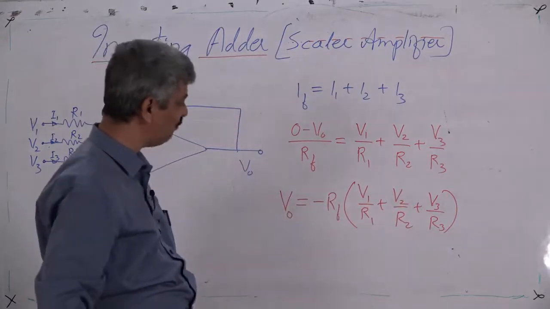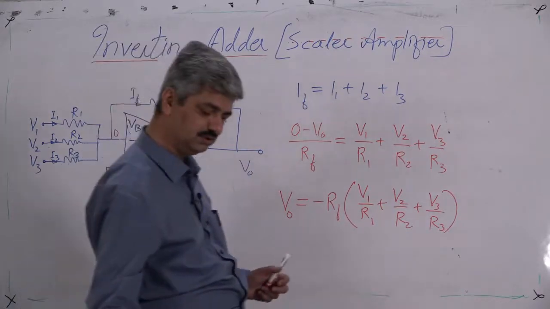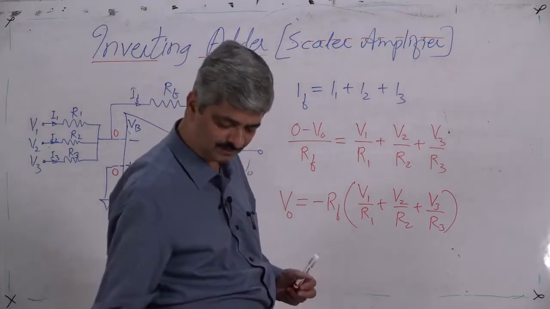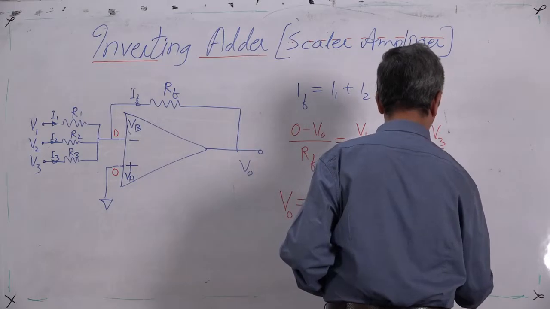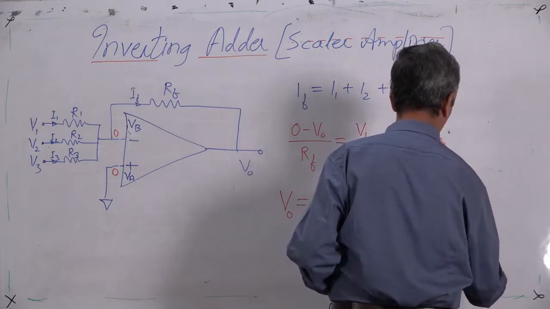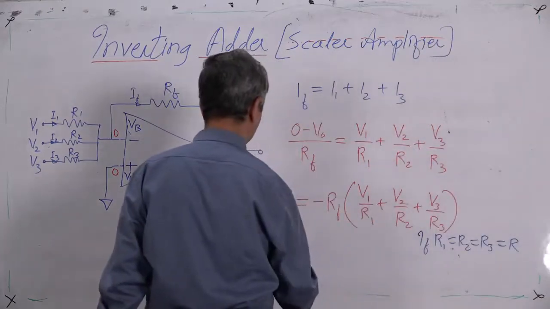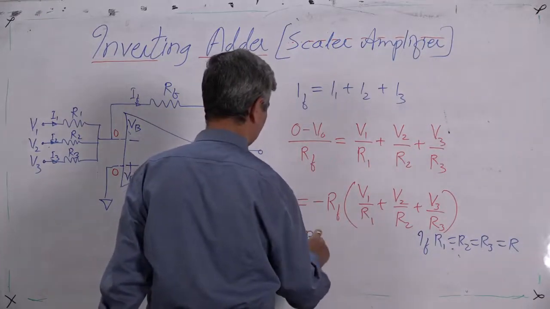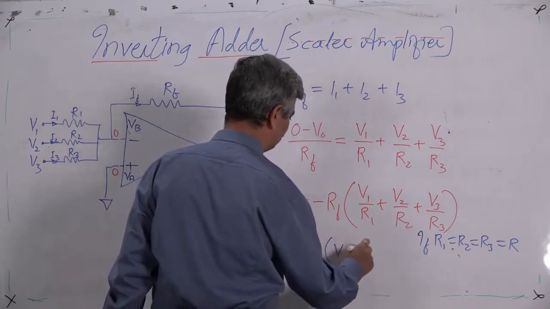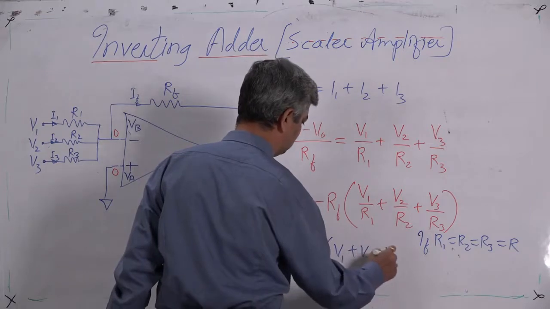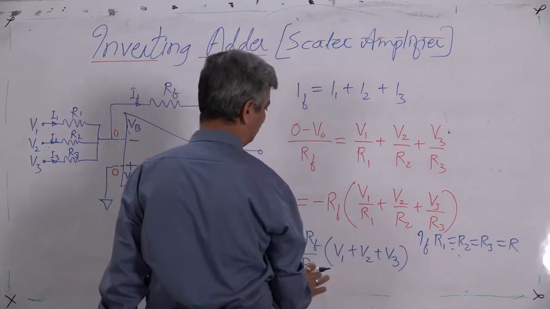But if R1 equal to R2 equal to R3 equal to R, then it becomes a simple equation, VO is equal to minus RF upon R into V1 plus V2 plus V3. So the scaling goes, it is addition and amplifying.